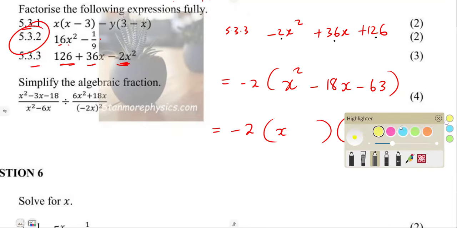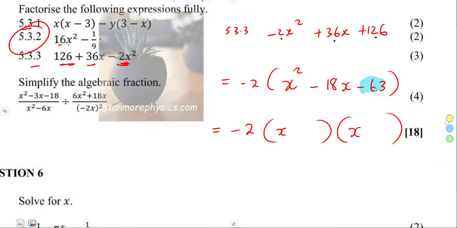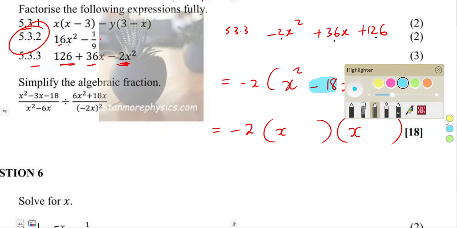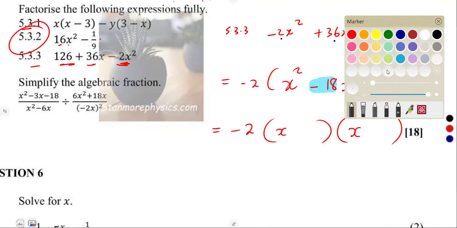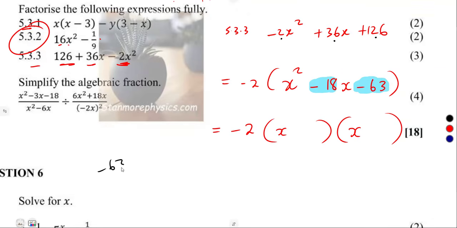Then you focus on the factors of what? The constant term, the product of the constant term, which adds up to a negative 18. The constant term, which is negative 63.